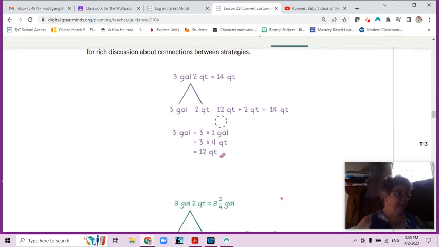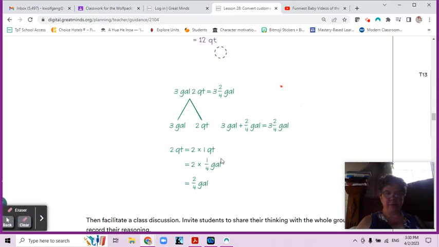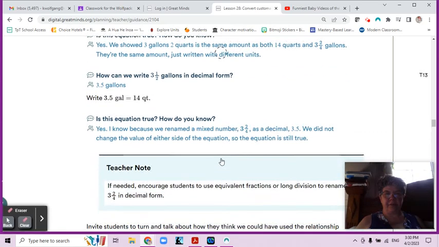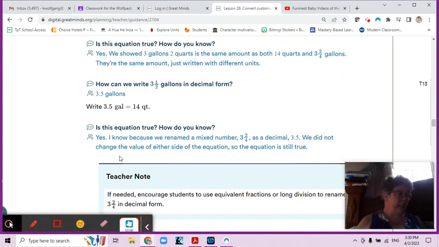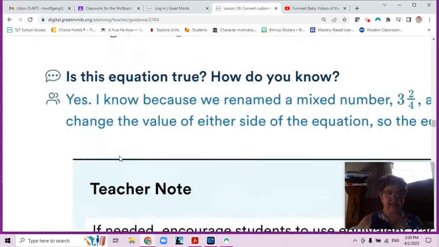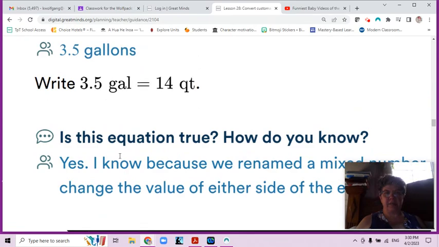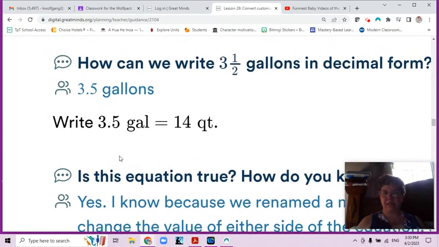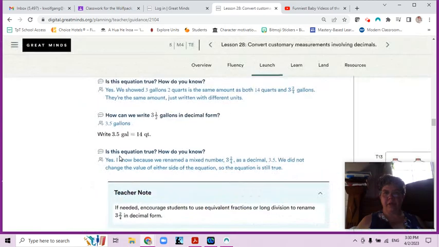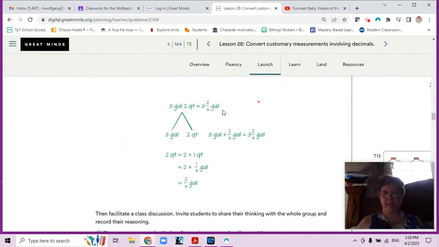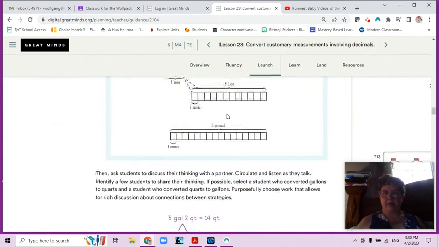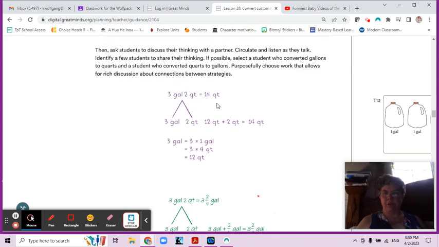And then we talked about how 3 2/4 in decimal form is the same as 3 5/10, right? And our last equation that we have to look at is 3 5/10 gallons is equal to 14 quarts. And we know that is true because we just changed it to 3.5 gallons and also 14 quarts.